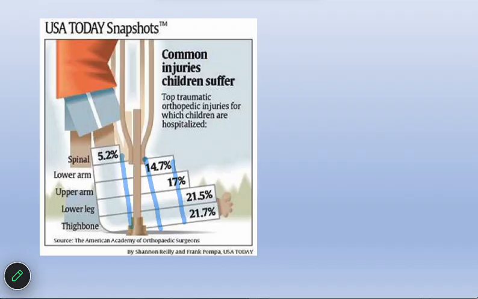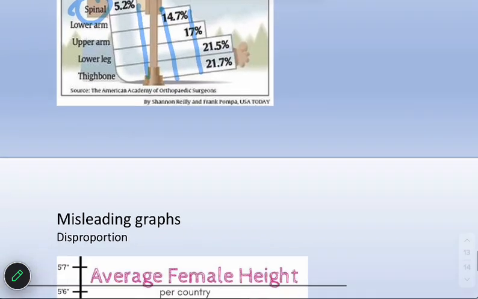But they put this right at the top. They say the word top, they put spinal at the top. So there are just some things that make this a little bit misleading.